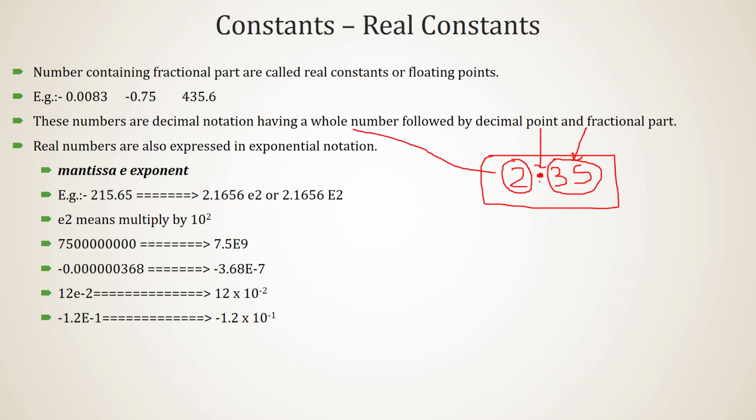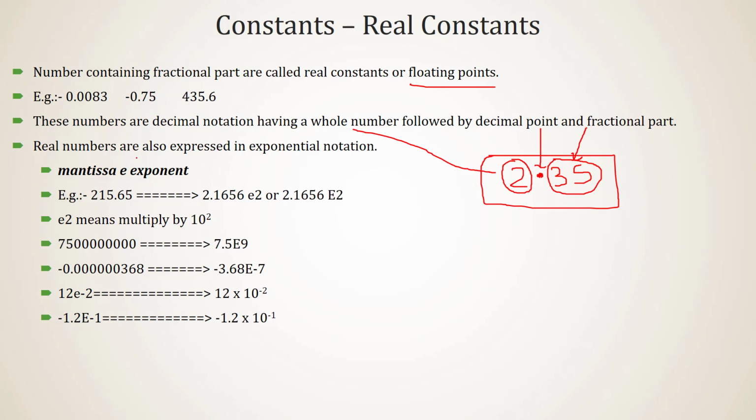You can think of it as a floating point: a point is floating in between the whole numbers. If there is a whole number 235, and I put a point in between 2 and 3, we can call it 2.35. That means there is a point floating in between the whole numbers. That's why it is also known as floating point. So these types of constants are called real constants or floating point constants.